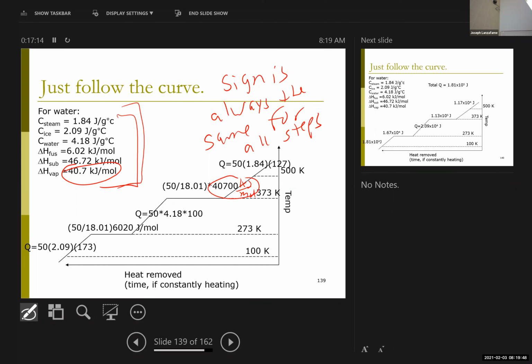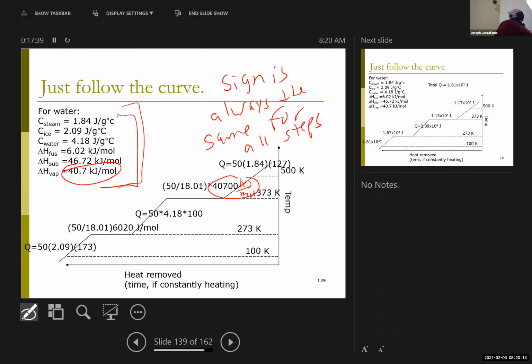Technically, the delta T's have a sign associated with them. It's always final temperature minus initial temperature. But if you're not being careful, you can end up with one of them looking like it's negative and one of them looking like it's positive. And I just say, for your edification, they should all end up with the same sign.